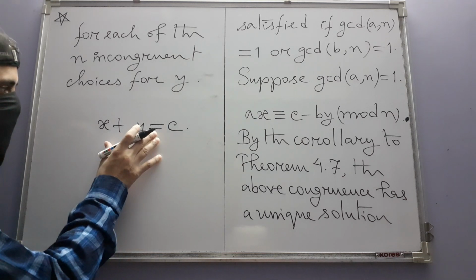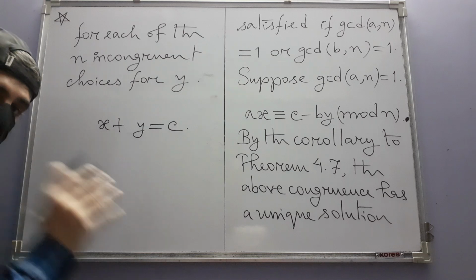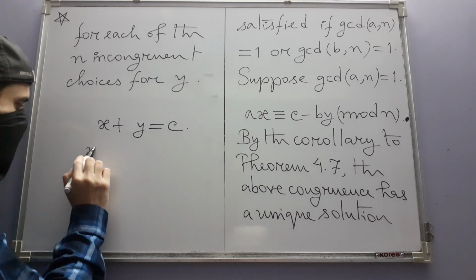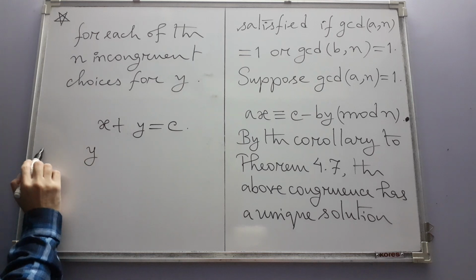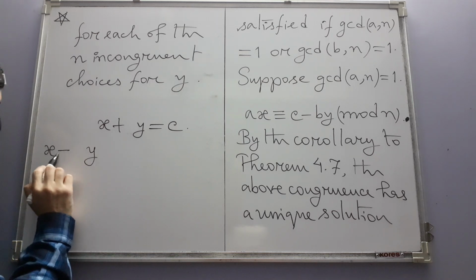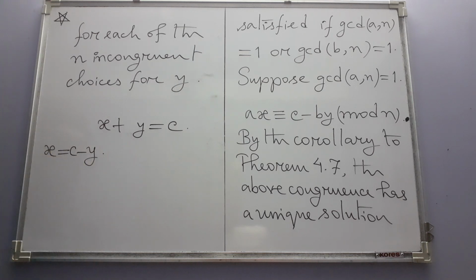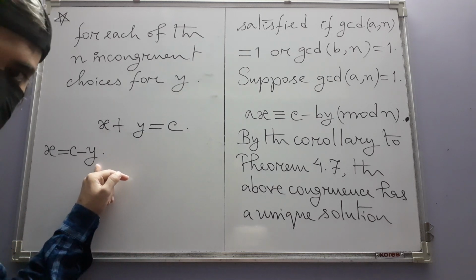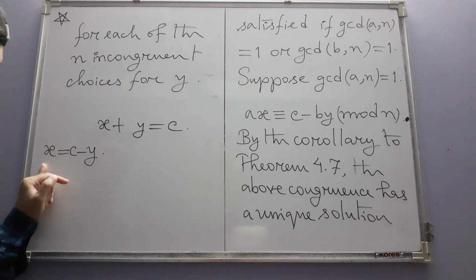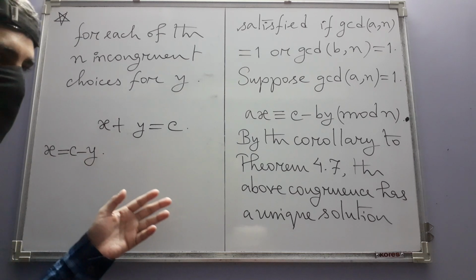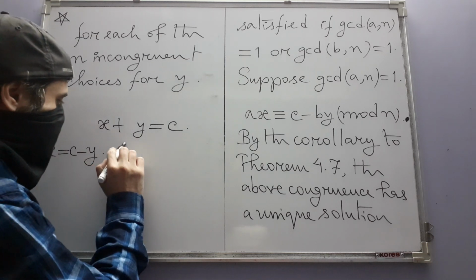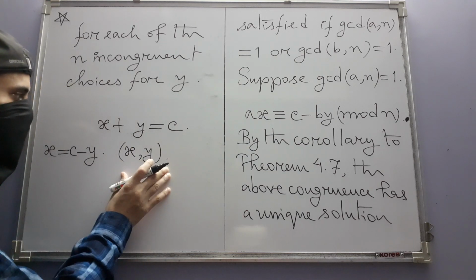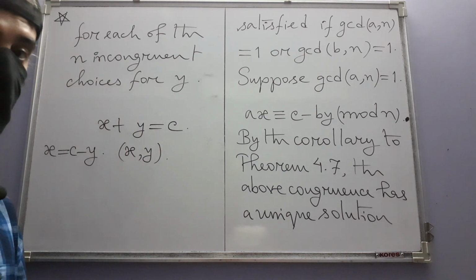If someone asks you to solve this equation alone, there is no other equation, what will you do? You can write x equal to c minus y. Then for every possible value of y, you will get a value of x, and thus you will get infinitely many ordered pairs of x, y values which will be solutions to this equation.